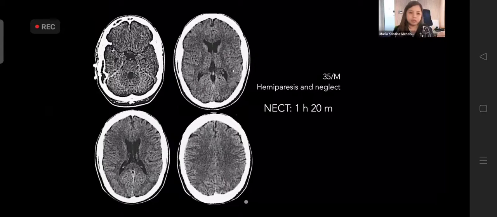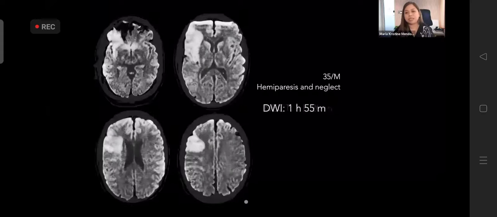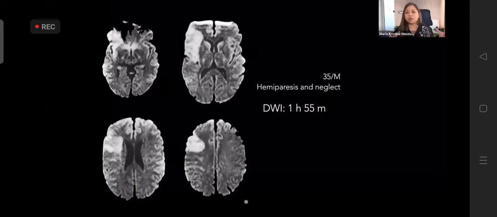It was fortunate that the facility where this patient was brought to also had an MRI, and so they did an MRI right after the CT scan, with a difference of just 30 minutes for transporting the patient and doing the scan.